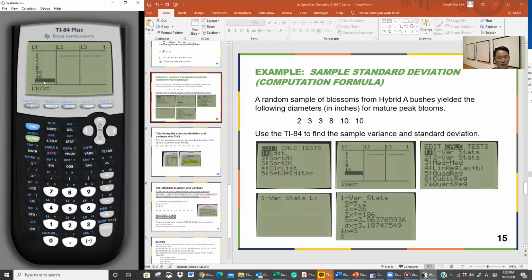So I put in all 6 data points, then hit STAT again, move to calculate, and choose one variable. It says my list is in L1, yes. Frequency, I don't have to worry about it, so just keep hitting enter and calculate. There you go. Remember 3.74?